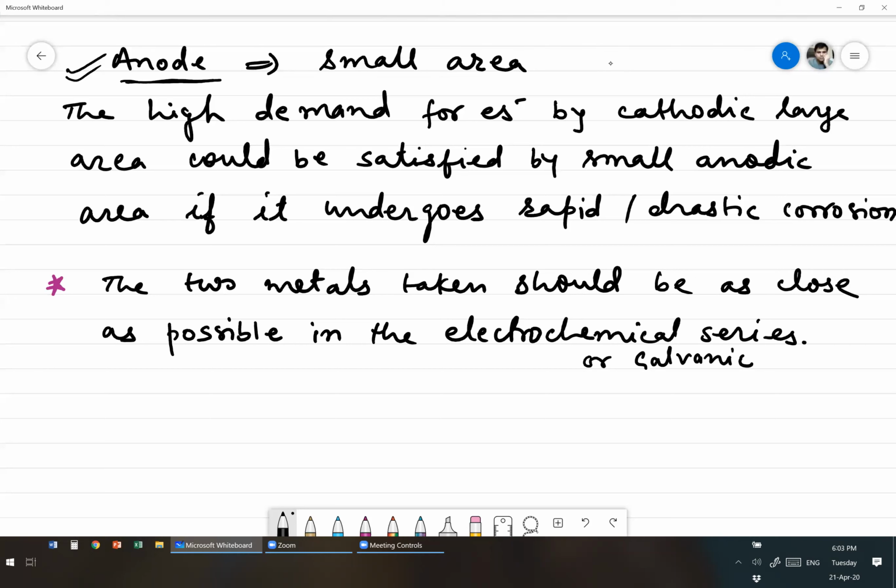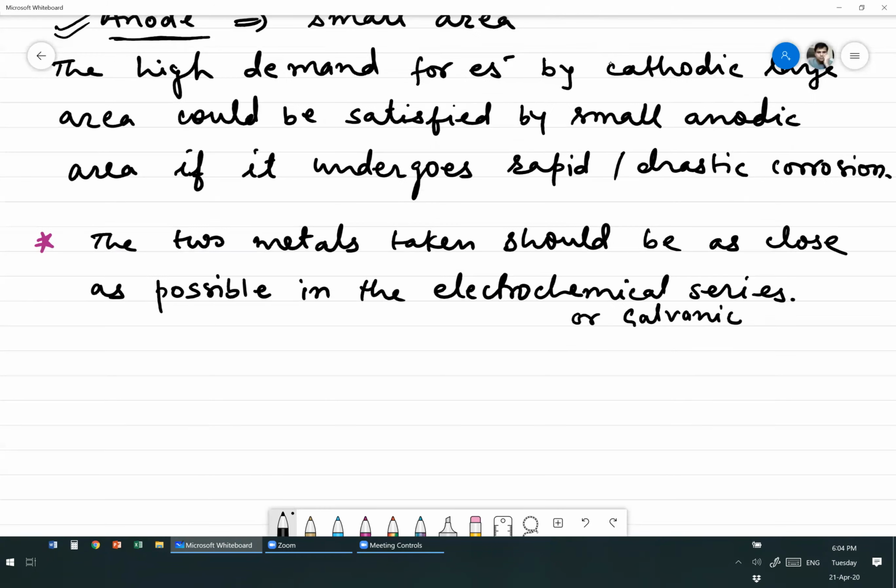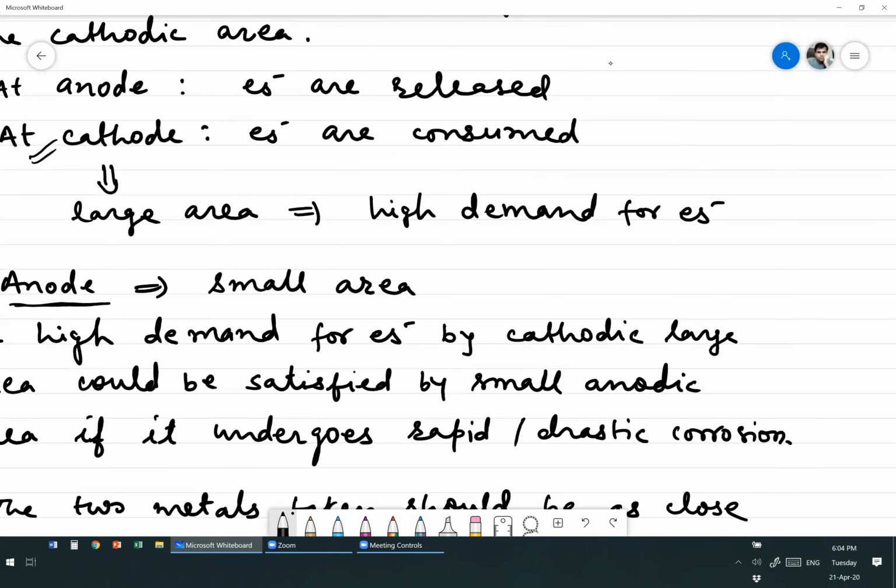If there is a large difference in the position of the two metals, if they are far from each other, then one of them will be highly anodic in nature and the other will be highly cathodic in nature. So we should avoid metals which are very far from each other in the electrochemical series. All right. So by using these steps, we can prevent galvanic corrosion.